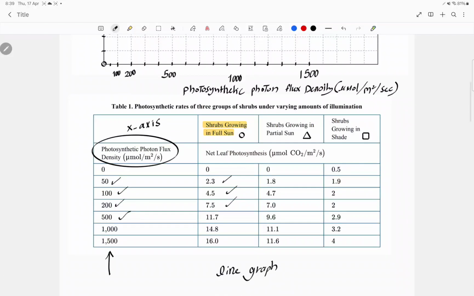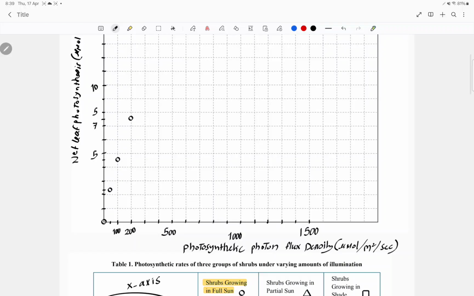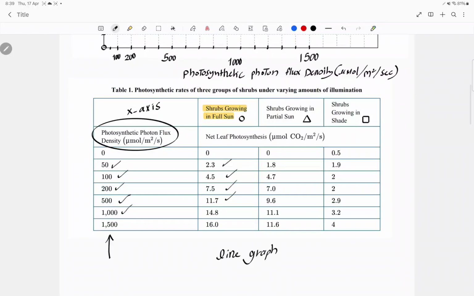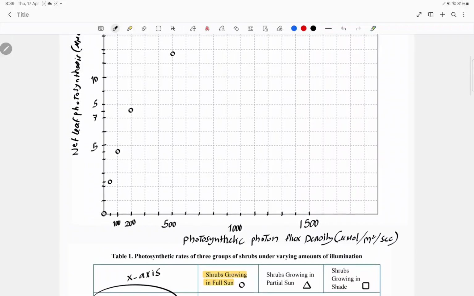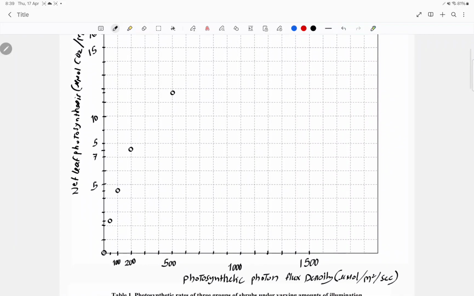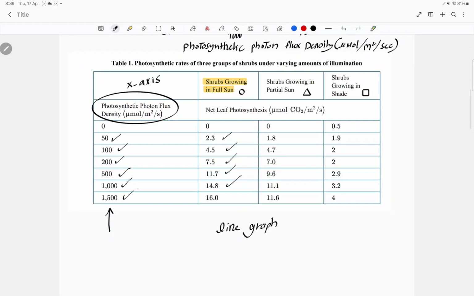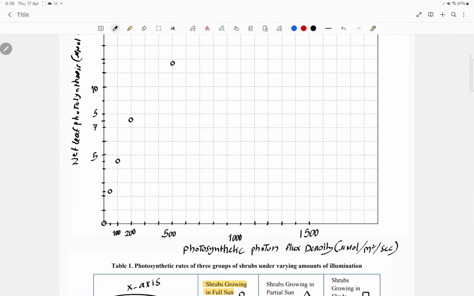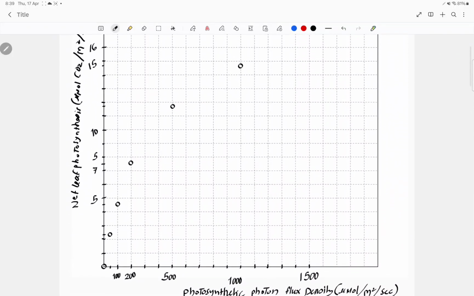Okay, 511.7. So 511.7 is here. That will be all the way here. 1014.8. So 1014.8 is here. 1516. So 1516.